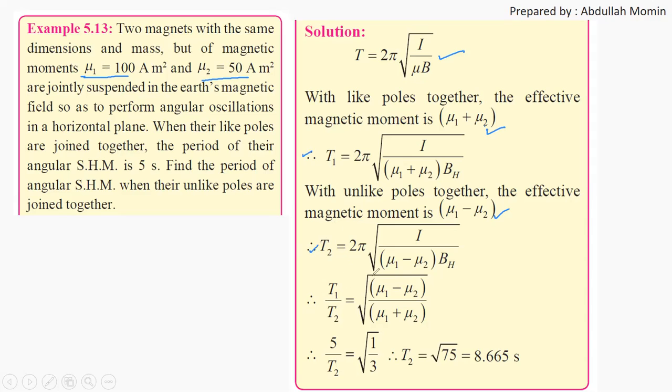Dividing these two equations, we will get root of mu1 minus mu2 upon mu1 plus mu2. Here mu1 minus mu2 is 50 and mu1 plus mu2 is 150, that is 1 by 3, and T1 is 5 seconds. So T2 can be written as root 75, that is 8.665 seconds.